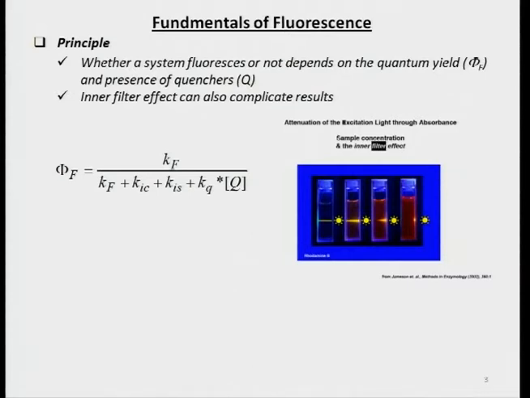Many times, because we do not know the concentration of the enzyme or the probe, we accidentally put in too much, and we notice some change happening because of dilution, and then we end up with wrong results. Because the concentration is higher, and as you keep increasing the concentration, only selected molecules get exposed to incident light. So what comes out is essentially nothing, and you get the wrong interpretation. So that's the inner filter effect.